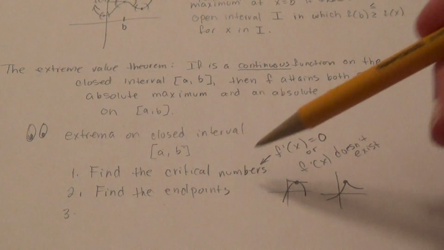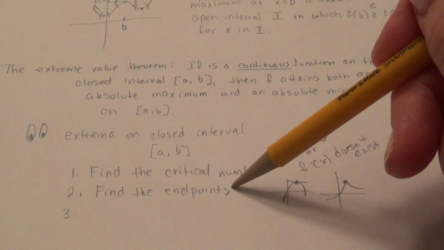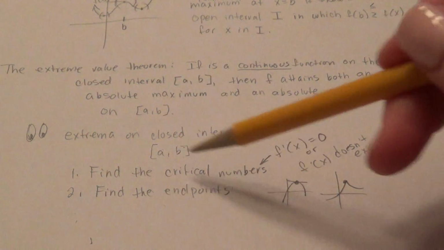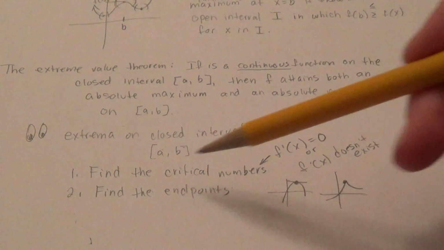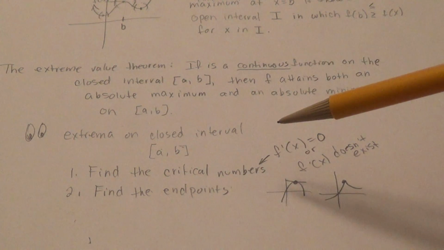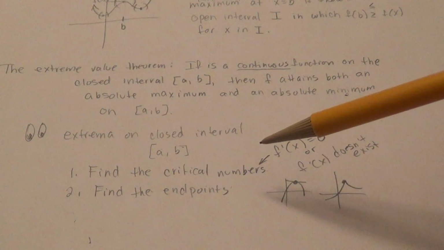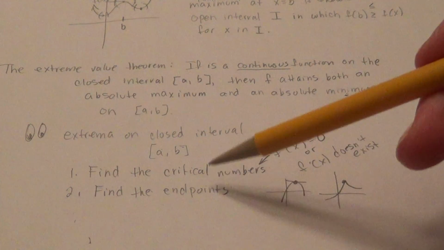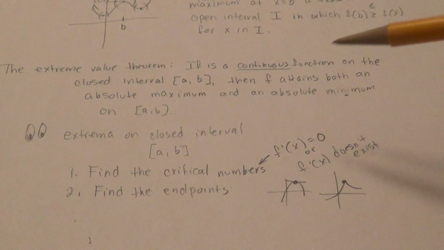Okay, so we're going to look at the critical numbers and we're going to look at the endpoints. That's where we're going to look. And then we're going to look at the value for y, the f of x value, at all of these critical numbers and at all of these endpoints. The greatest one is going to be called the maximum, and the least is going to be called the minimum.